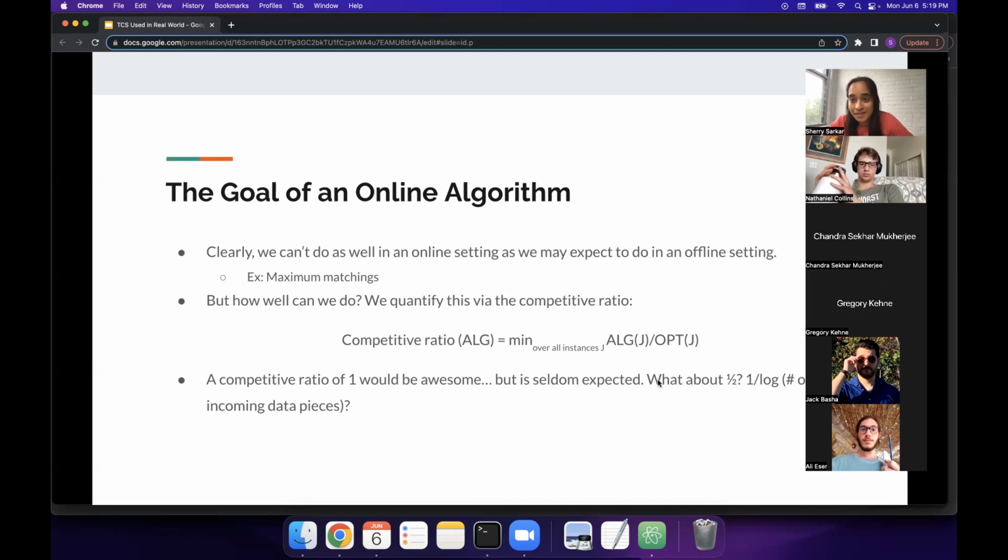So maybe you expect it to do half as well. Or maybe in the really hard problems, where you need to be doing a lot of things offline, you might expect it to do 1 over log or something like that. But 1 would be great, or something close to 1 would be nice.